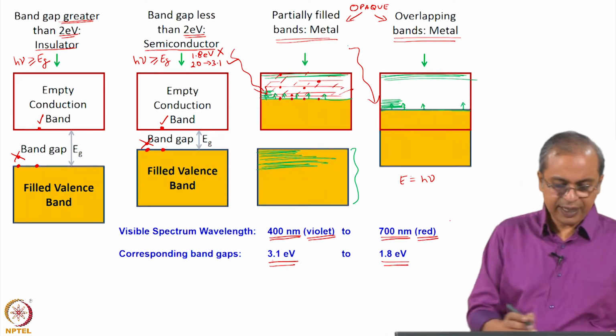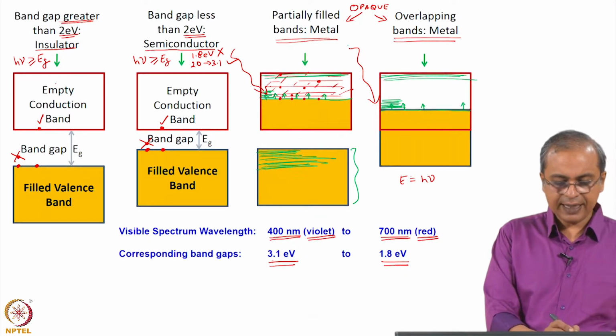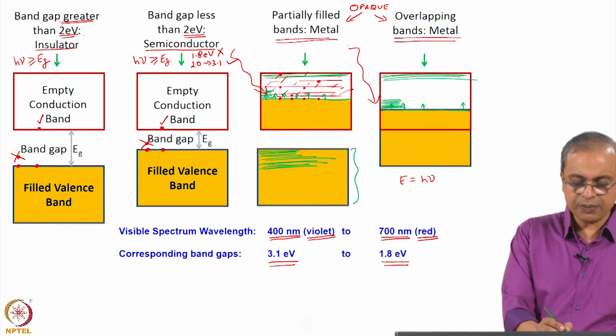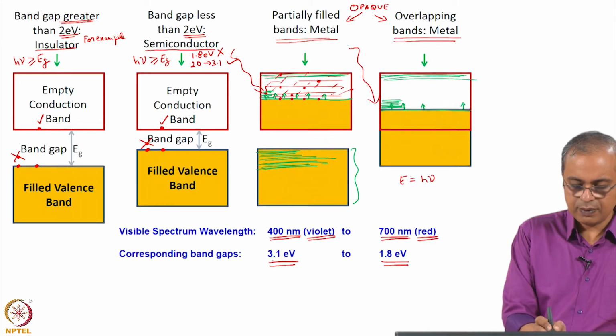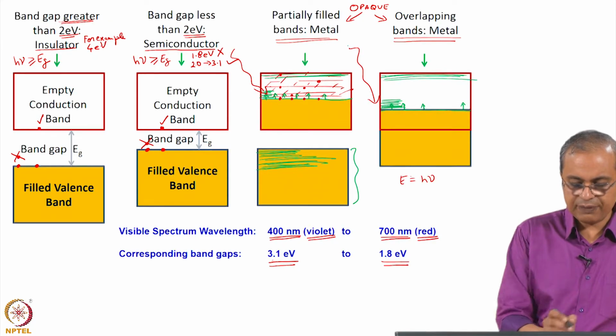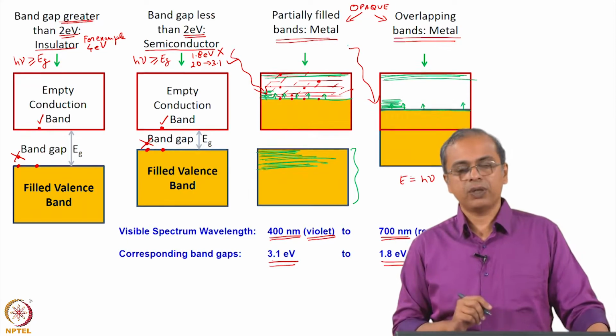On the other hand, if you take an insulator, we say its band gap is greater than 2 electron volts. Let us assume that we have an insulator where the band gap is 4 electron volts.